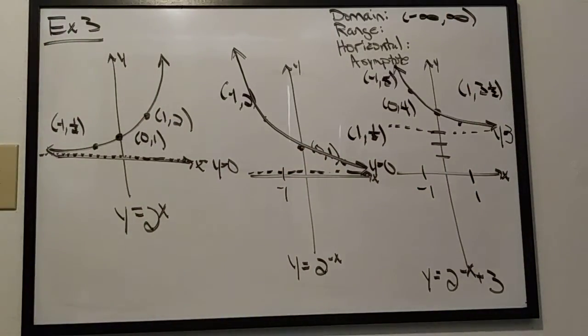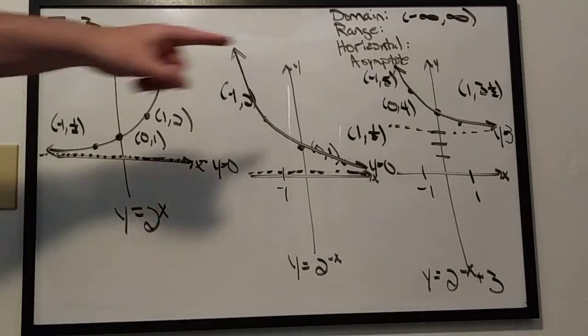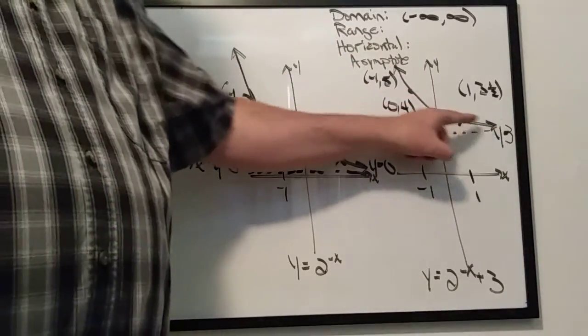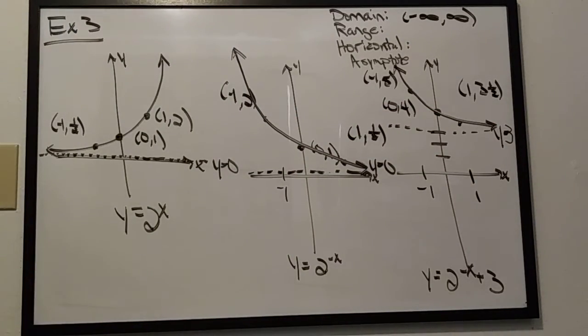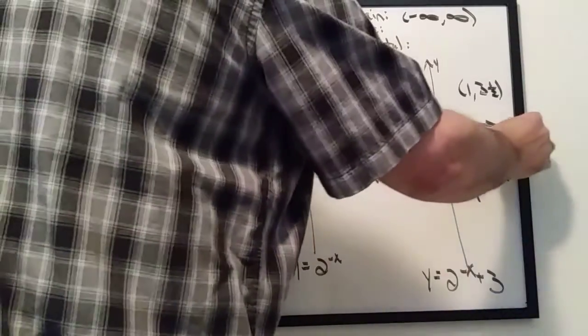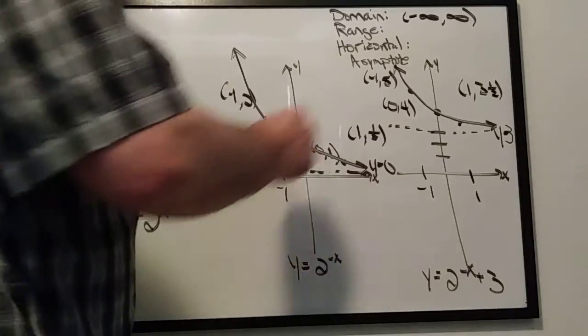Range. Once again, remember that the range is the set of all y-coordinates that create this graph. Well, I don't use every y imaginable. I go down, and the lowest I ever get to is close to this y value of 3. So that means my y values are 3 and above. But I don't include that 3 because I actually don't cross that horizontal asymptote.